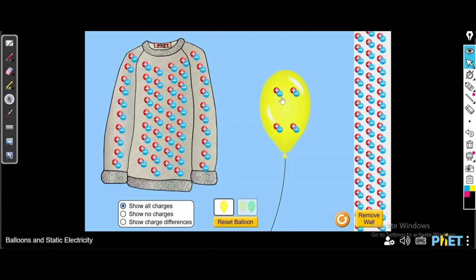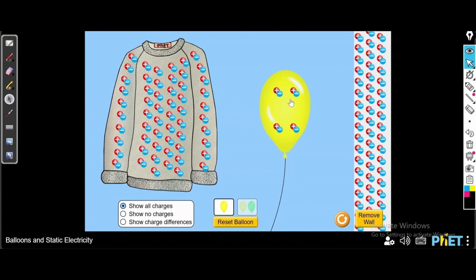Similarly, the net charge on the balloon is also zero, and the net charge on the jacket is zero, because the number of positive charges, labeled with red color here, is equal to the number of negative charges. So the net charges on these bodies are zero, due to which they do not attract each other or apply forces on each other.